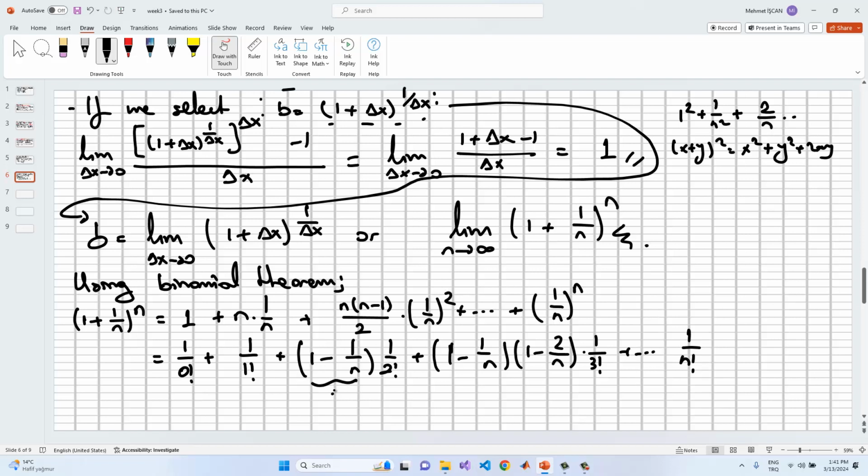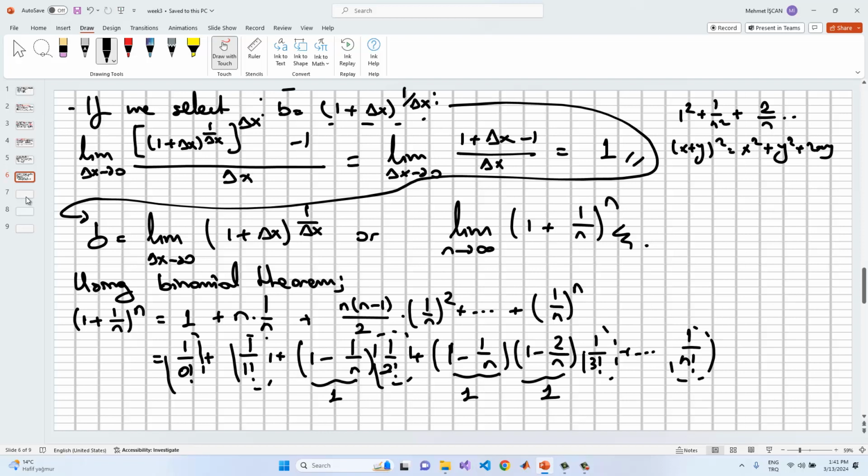Just remember that each of these factors equals 1 because n is infinite, so we always have these coefficients.